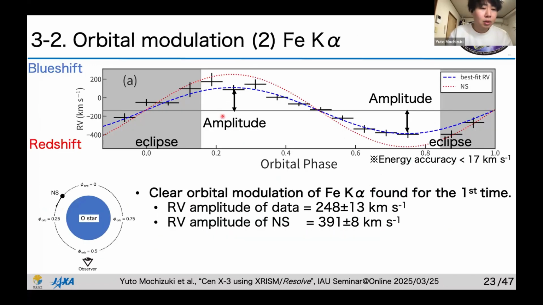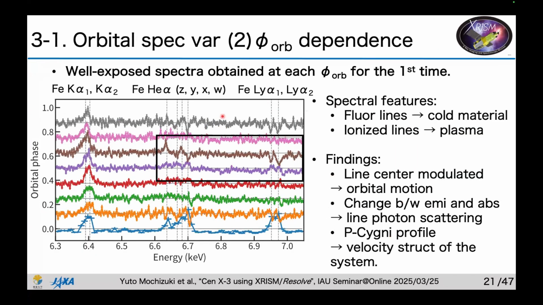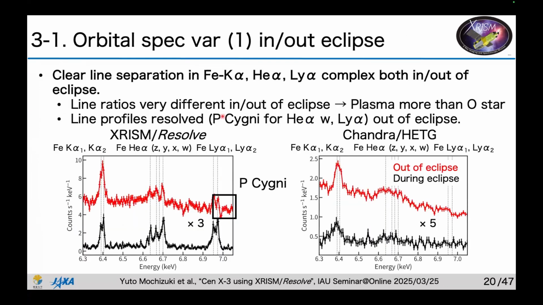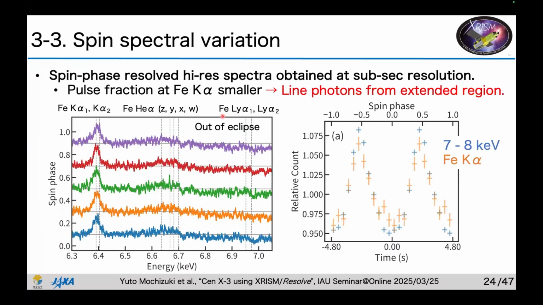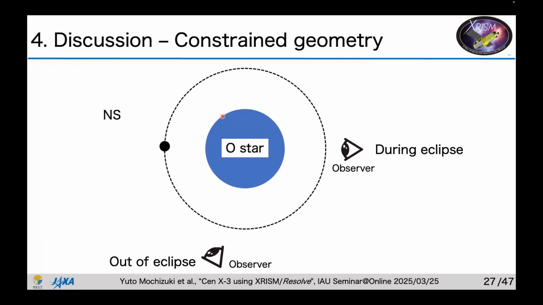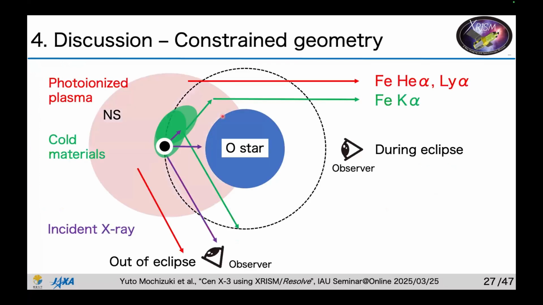And you said that detection outside the eclipse means that the emitting region is bigger than the O star. But it seems to me that your conclusion about the emitting region is smaller than the O star. So is it consistent with the detection of the K-alpha emission during the eclipse?